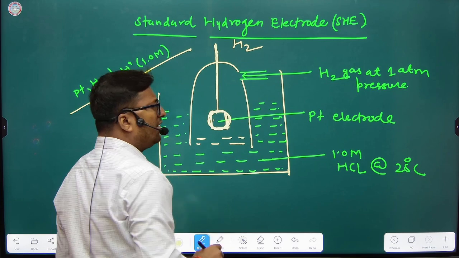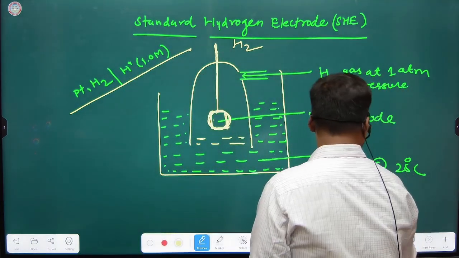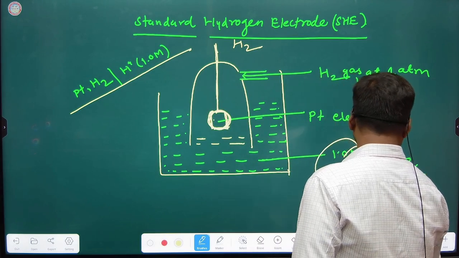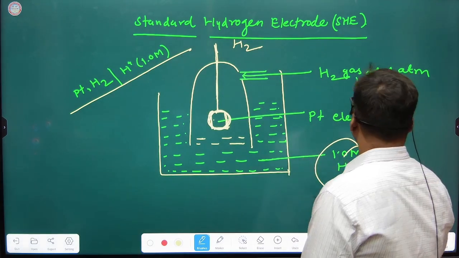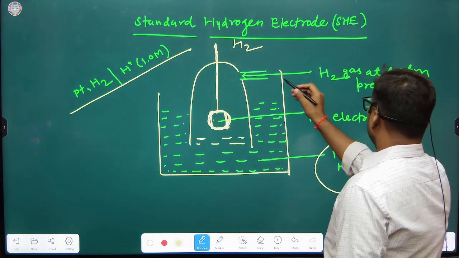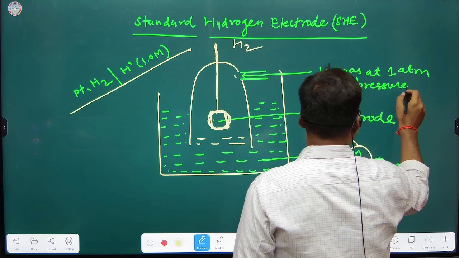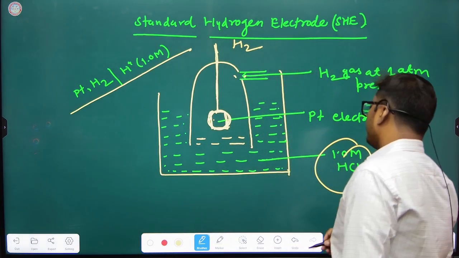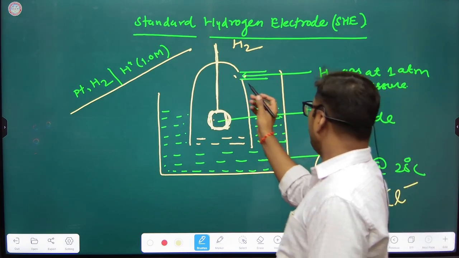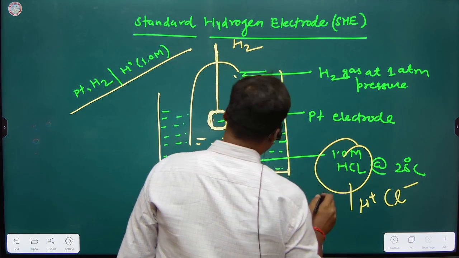Here the electrolyte is HCl, that is H plus and Cl minus in the solution. Now this is the outlet where hydrogen gas at 1 atmospheric pressure either enters the reaction medium or goes outside the cell.